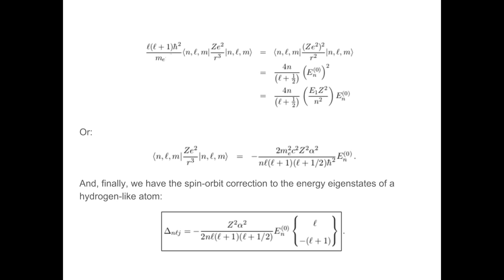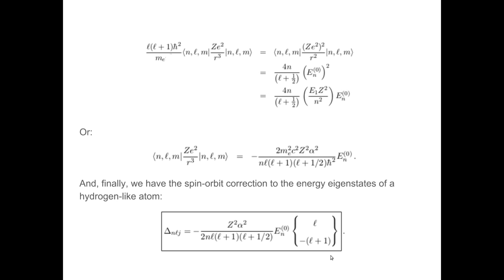When you put it together with the angular piece that we computed, you find that it goes like alpha squared times the unperturbed energy, and it depends not only on the principal quantum number, but also on the orbital angular quantum number. Its dependence on the spin is kind of hidden because the spin of the electron is a constant 1/2. Okay, so this is the spin orbit correction.